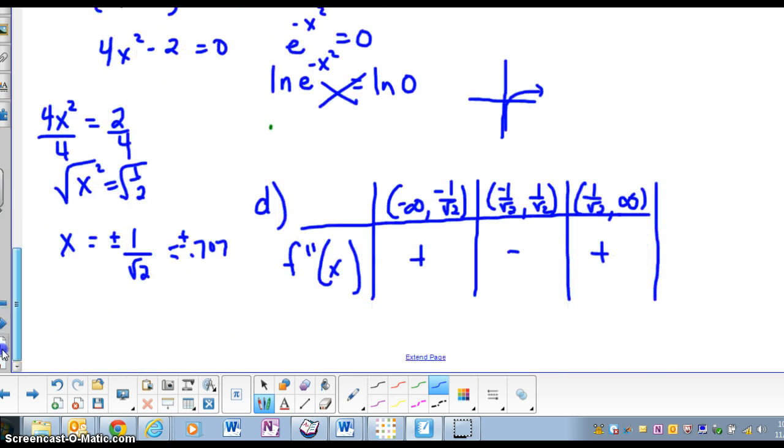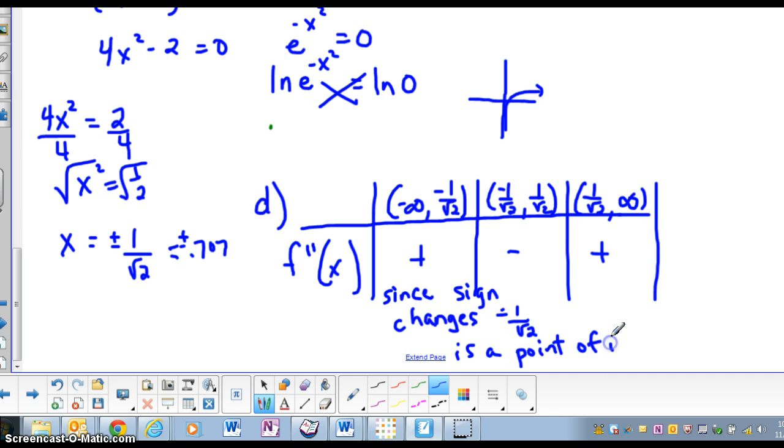Lastly, we would write that because the signs change here, we've shown that there is a point of inflection. Okay, so you could write it twice to prove both of them.